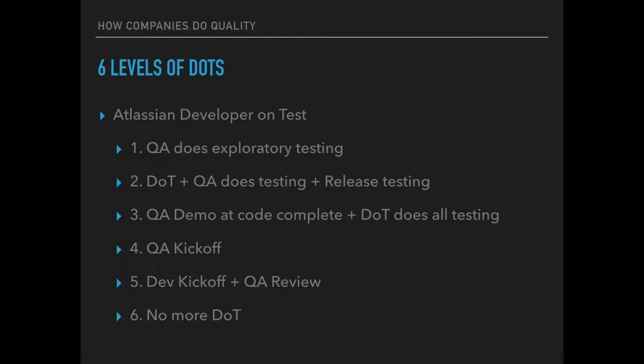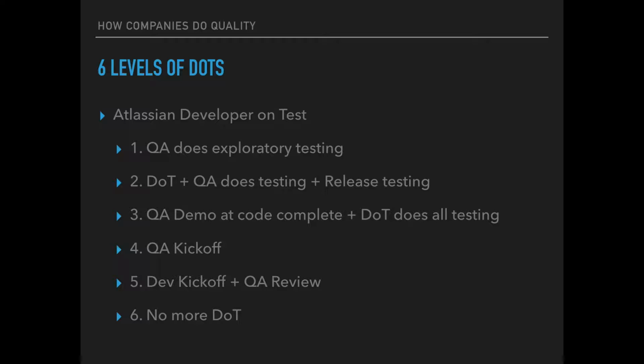The first is that they have a QA person, and that QA person does exploratory testing on whatever is being shipped or changed. They wanted to expand that and evolve that and get developers more involved. So the next stage is they define this developer on test role, where in a team one of the developers gets assigned that role.